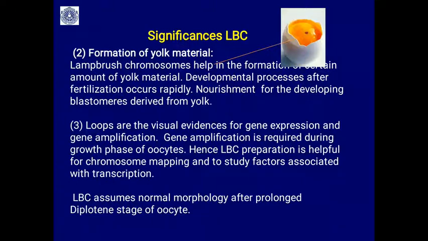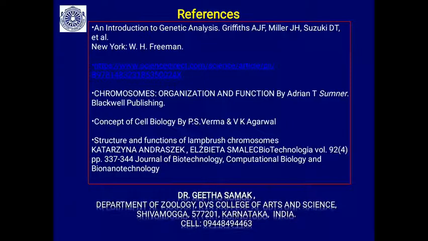After this, when the cell enters diakinesis, the chromosome assumes its normal morphology. So this is about the lampbrush chromosome, another important giant chromosome seen in amphibian oocytes during meiotic prophase, that is, during the diplotene stage.